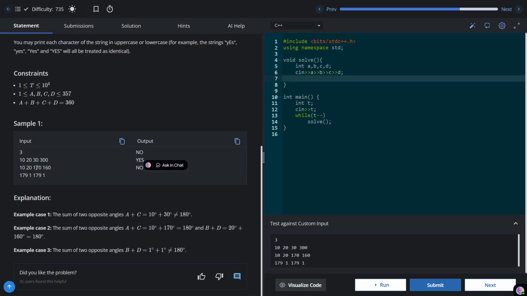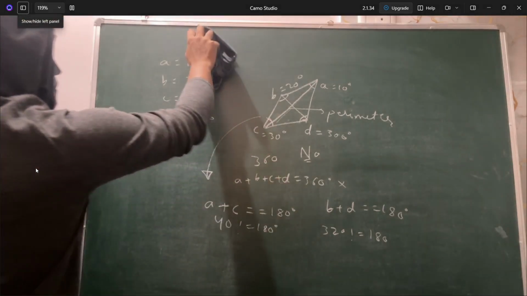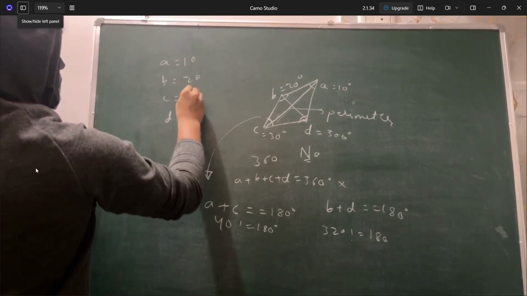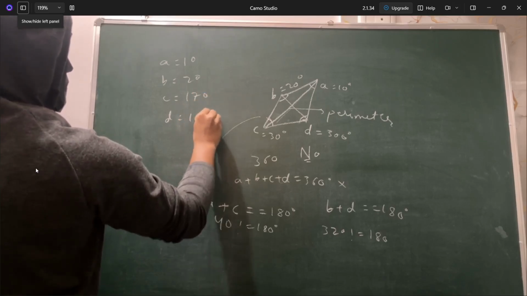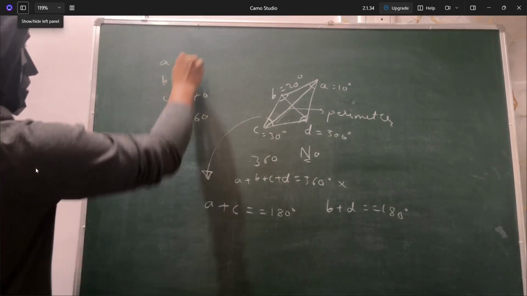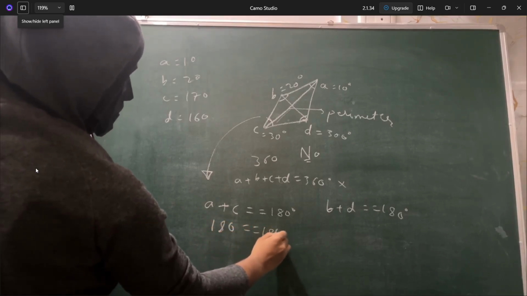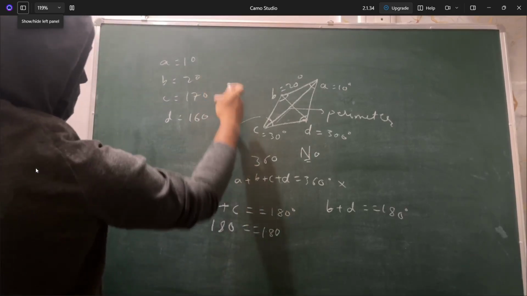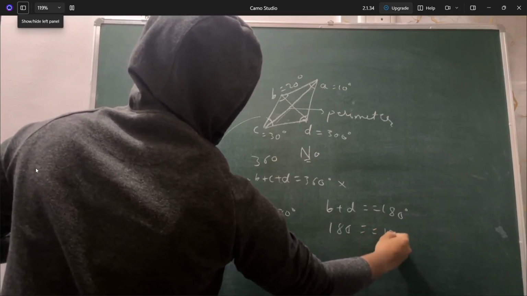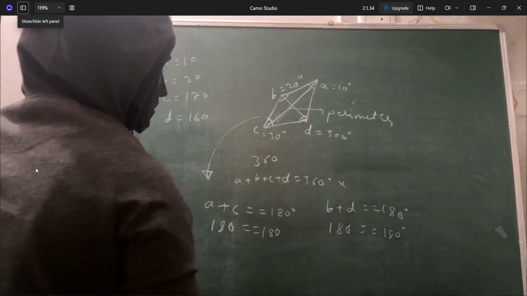Now let's take the other example, 10, 20, 170, 160. Now a plus c is 180 degrees, and b plus d is 180 degrees. Both opposite pairs sum to 180 degrees, so it is cyclic, and in this case you'll have to print yes.